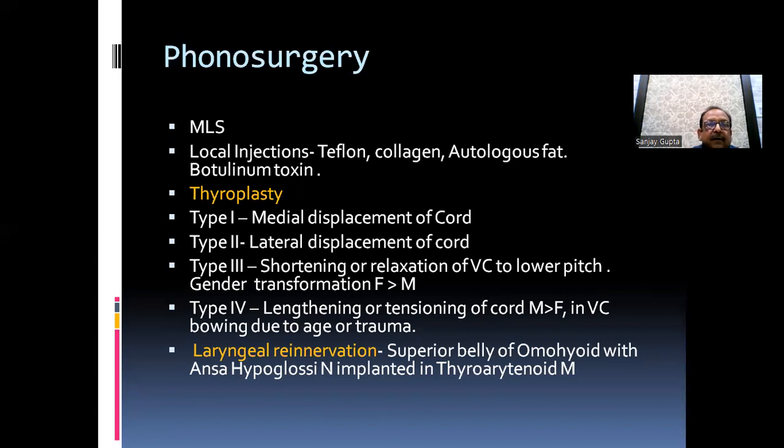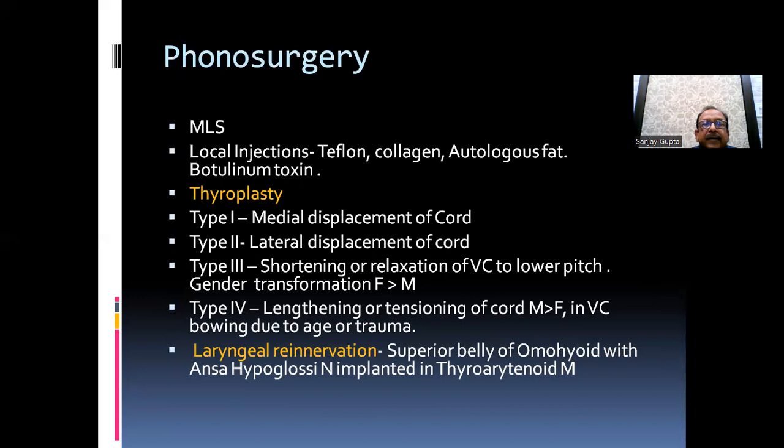In cases where, before undertaking any surgery for a vocal cord palsy, maybe idiopathic or any other cause, after treating the primary cause or etiology, if there is a phonatory gap and you need to do some surgery, phonosurgery can be done, that is microlaryngeal surgery.